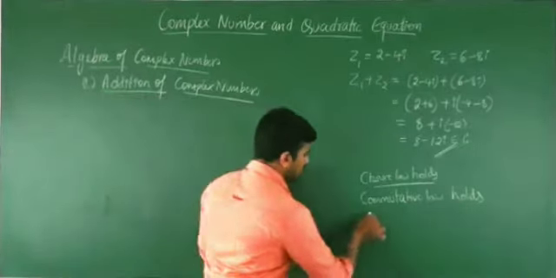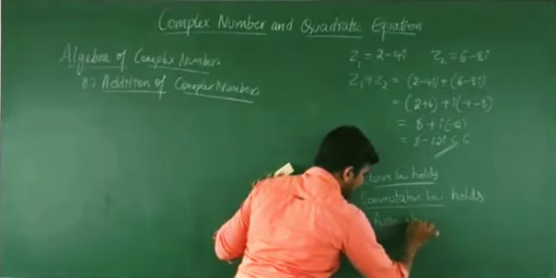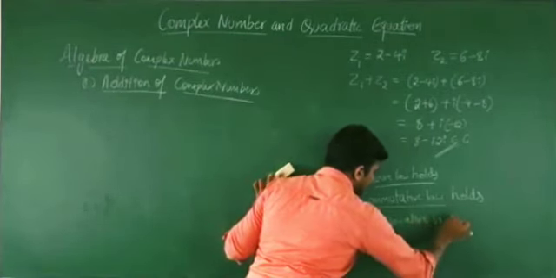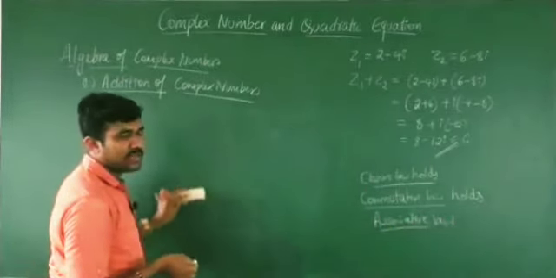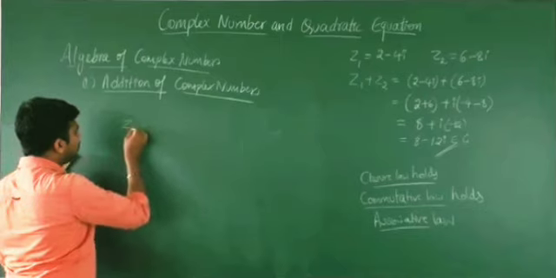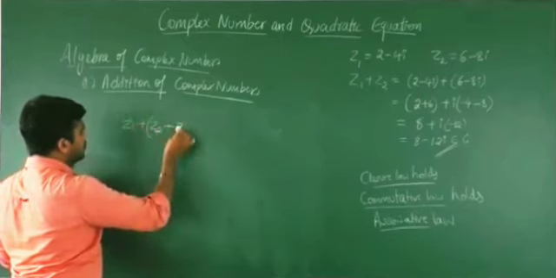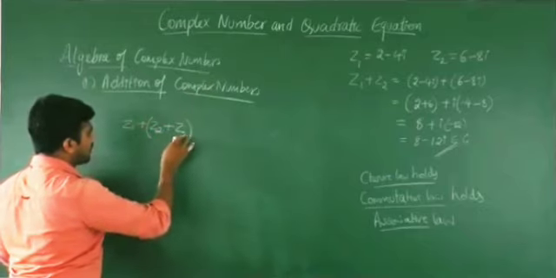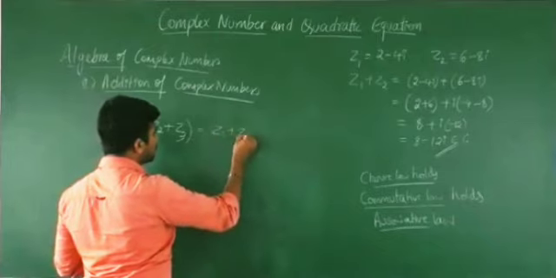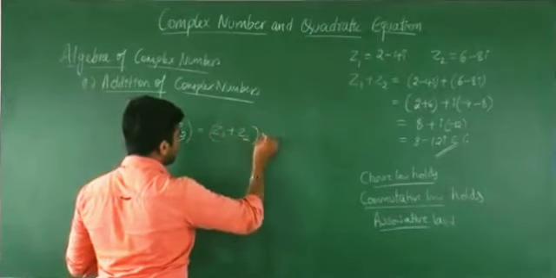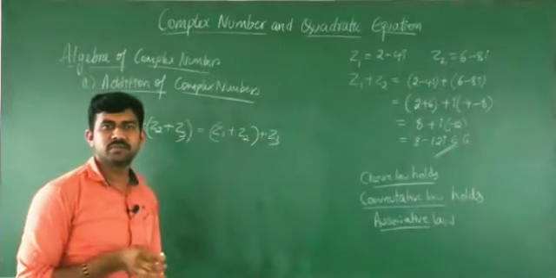Now the next one is the associative law. These are the properties, and we have to check whether they hold or not. What is meant by associative law? If you have three complex numbers, and Z1 plus Z2 plus Z3 grouped either way gives the same result, then clearly we can say the complex numbers are associative.